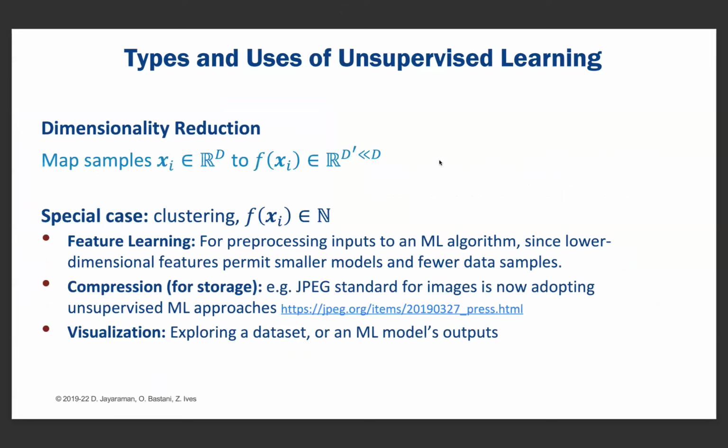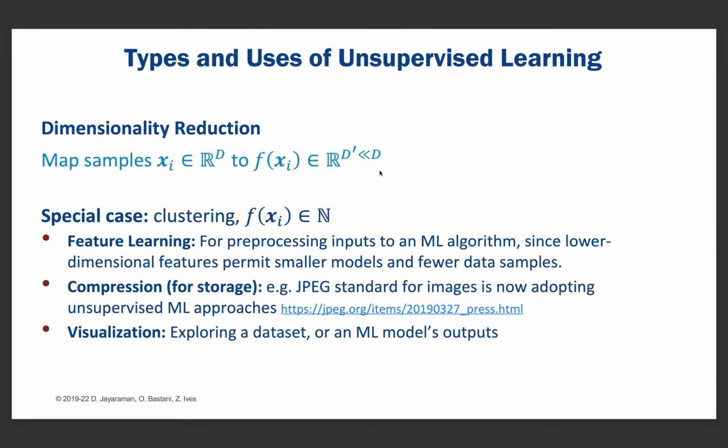Okay, so what is typically done using these unsupervised learning approaches? The very typical case is what is called dimensionality reduction. If our data is d-dimensional, vectors with d components, so we have d features, we want to find a function of these vectors such that the result is also a vector, but in a much smaller dimensional space.